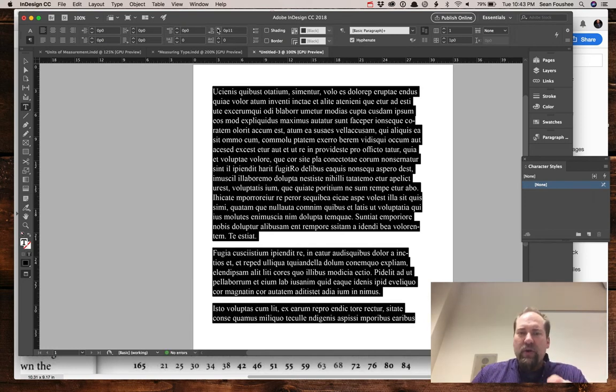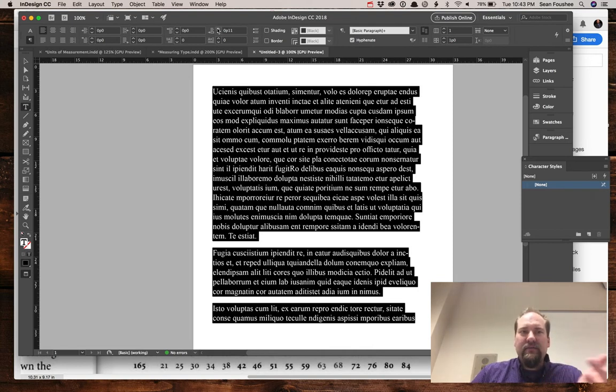In this particular case, when you are laying out paragraphs and you're putting space between paragraphs, the traditional way of doing it would be to make the space between the paragraphs equal to the leading.